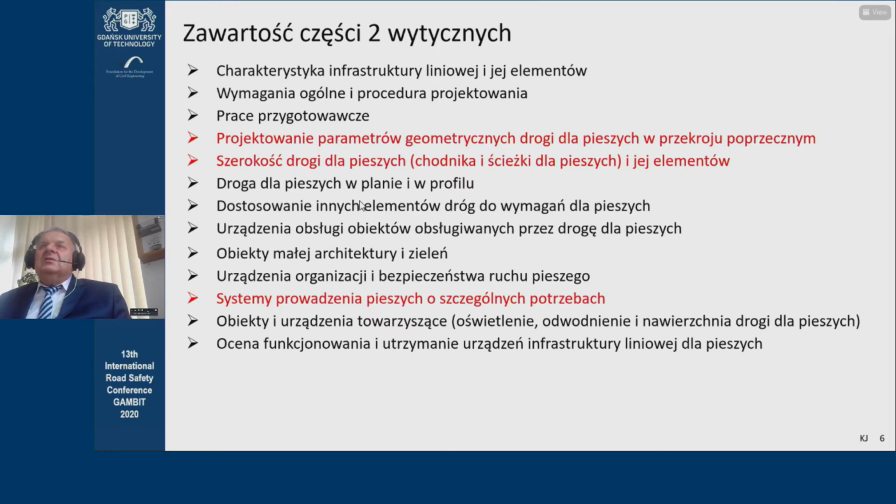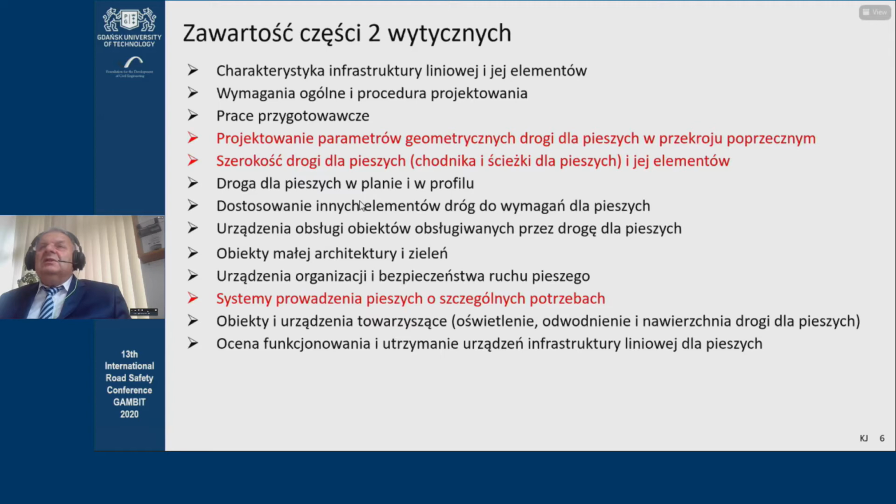In addition to the general characteristics and the general requirements, these are divided into preparatory work, designing geometrical parameters, and then adjusting the other elements of the road for the needs of pedestrian traffic, new architecture, organizational devices, drainage, surface, lighting, maintenance.